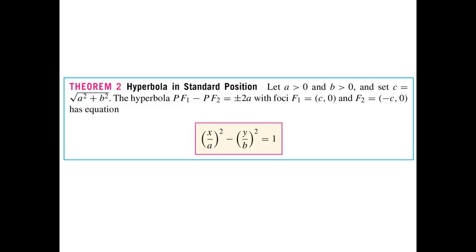For the hyperbola, the distance from some point to focus 1 minus the distance from the same point to focus 2 is going to be either plus or minus 2A, A being the greater of those two numbers, with foci C,0 and minus C,0.